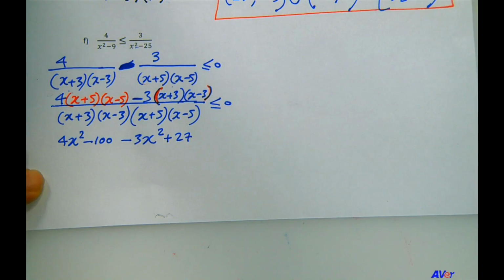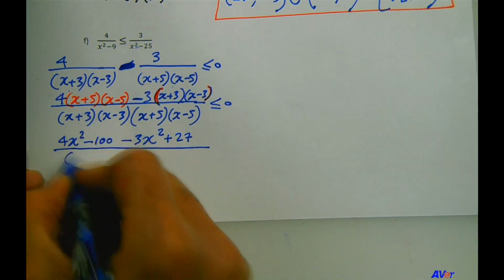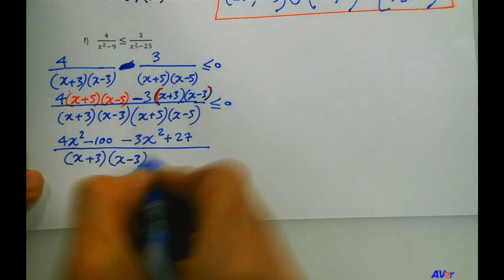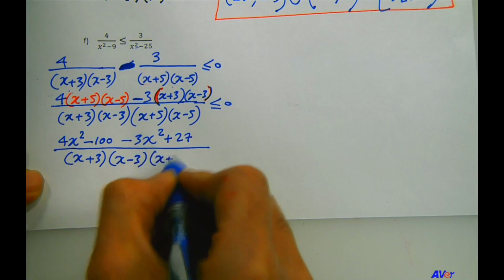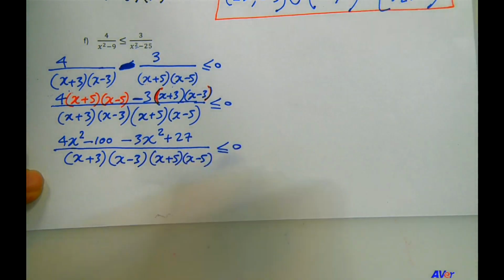Okay, that was x squared minus 9. And then times, yes, okay. So all of that divided by these series of factors. Less than or equal to 0.